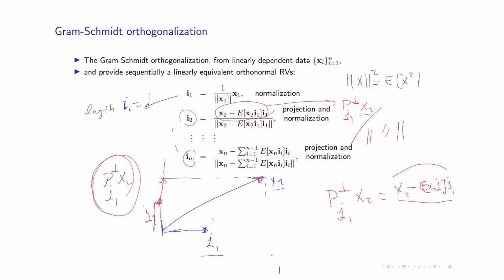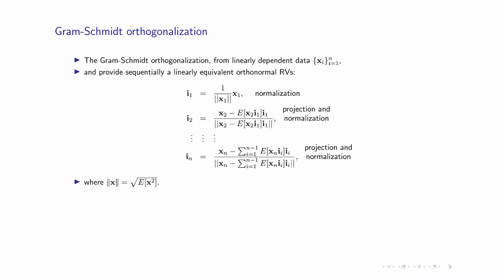If some of them are 0, I will obtain fewer orthogonal unitary random variables compared to the number of inputs. Remember that the length of a random variable is the square root of x to the power 2. So if one of these orthogonal projections is 0, we skip and go to the next one.